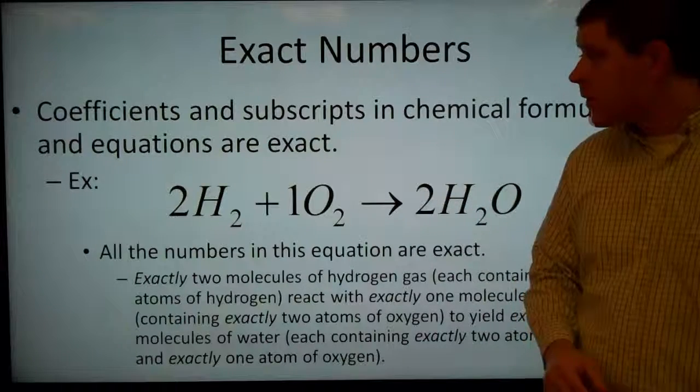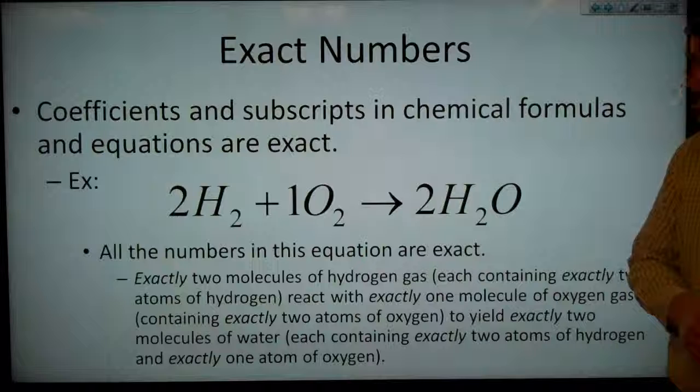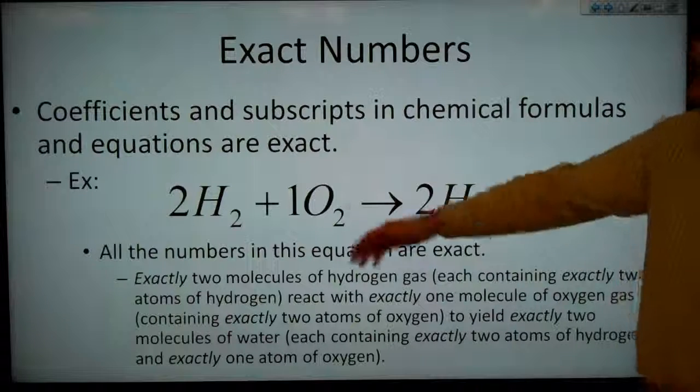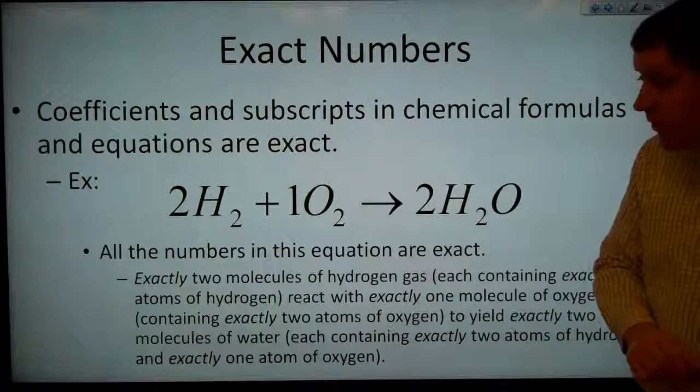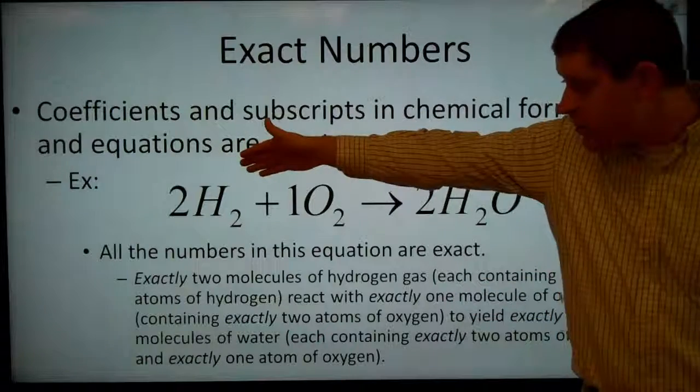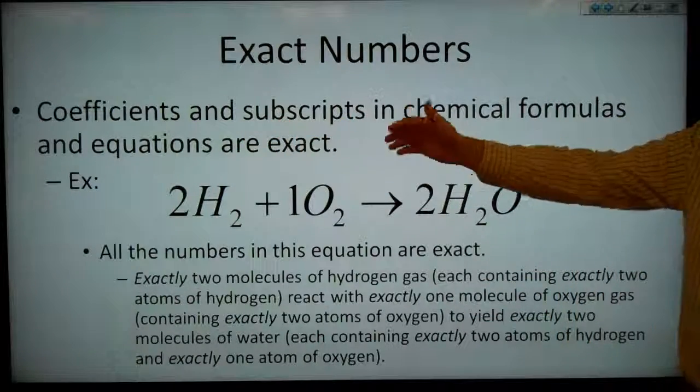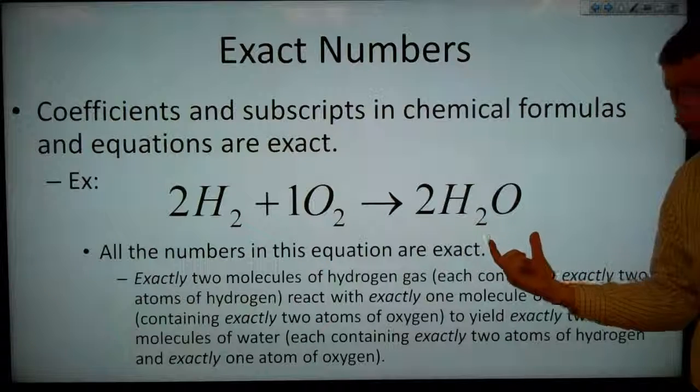So, coefficients and subscripts in chemical formulas and equations are exact. So we have the burning of hydrogen in oxygen. We have 2 H2 plus 1 O2 yields 2 H2O.